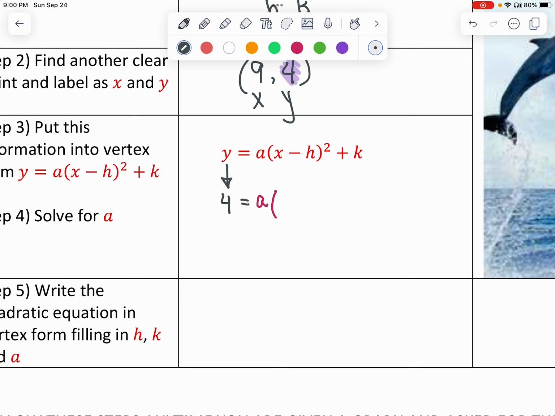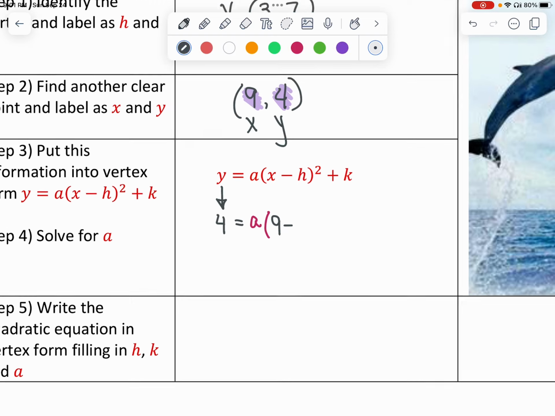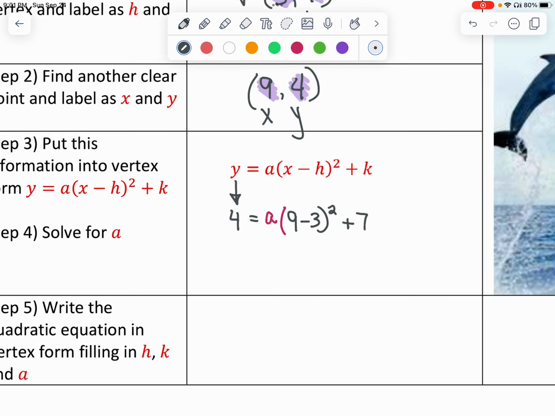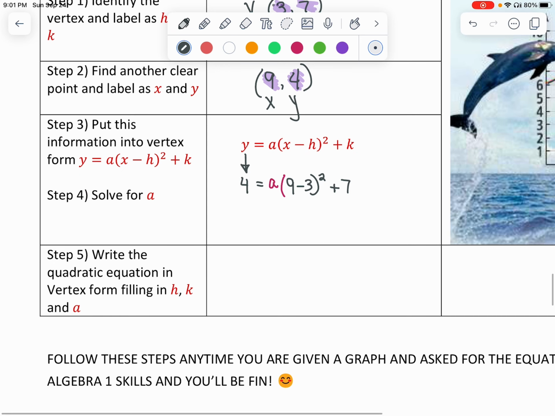Replace x with 9. Minus, replace h with 3. Squared, plus, replace k with 7. All right, and step 4 and step 3 are joined together.